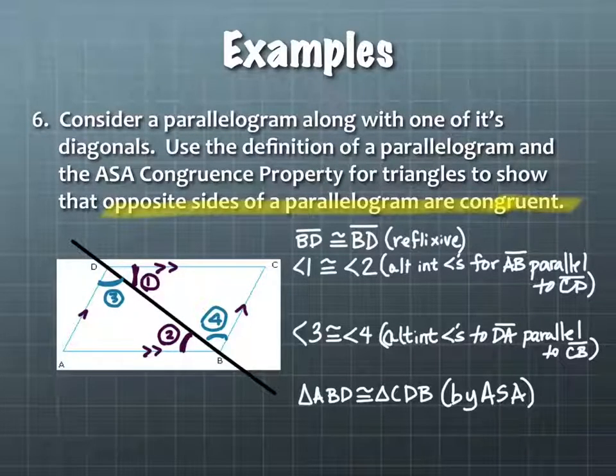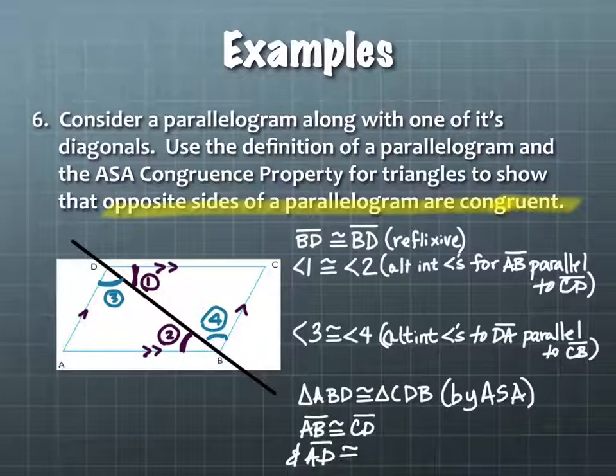The opposite sides. So I know that AB is congruent to CD and AD is congruent to CB. Why? Why is that true?